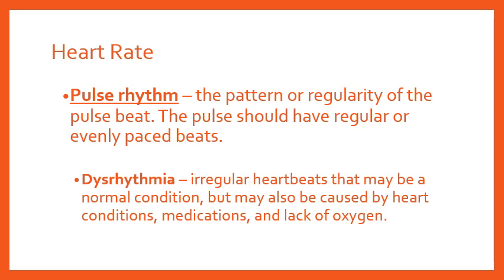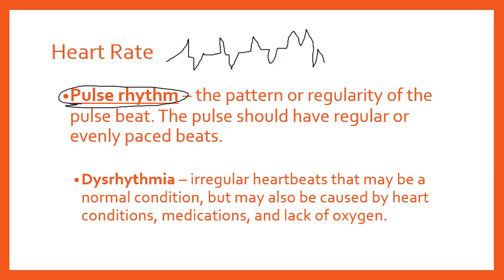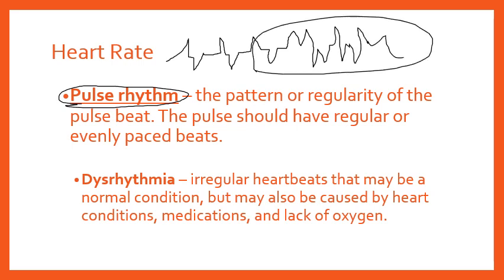The most important thing though, aside from how fast it is beating, is actually the rhythm of the beat. So you need it to beat regularly. If it does not beat regularly, then that is a really bad sign. If your heart goes through really weird cycles and beats too fast, these are what we would call an arrhythmia or a dysrhythmia.